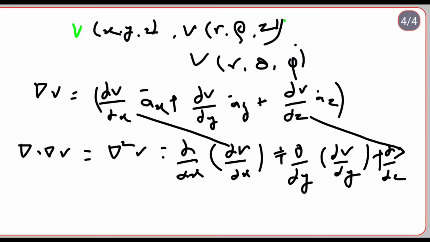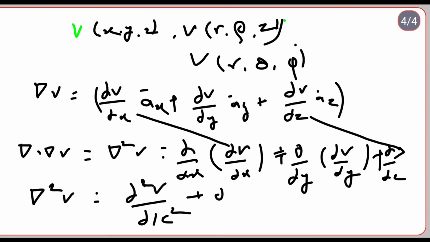Here ax dot ax becomes 1, hence we are not writing it. Therefore del square V equals 0 can be written as dou square V by dou x square plus dou square V by dou y square plus dou square V by dou z square equals 0.